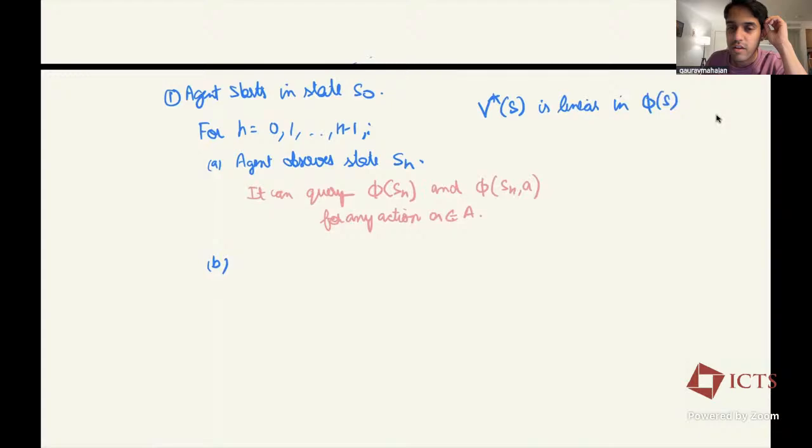And something else is linear in the phi of s_h, a. So right now, the thing I'm talking about, you only have access to these features. But yeah, maybe I should have been more clear about the setup.